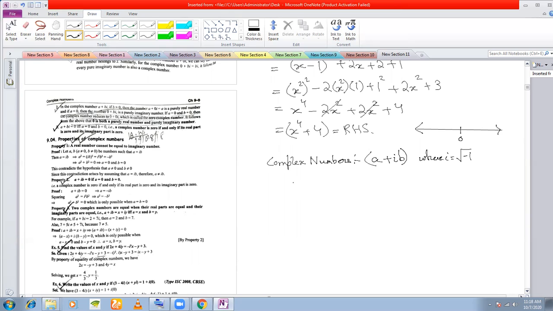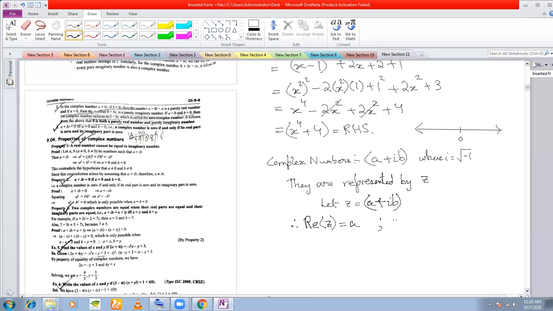Okay, here we say that a is the real part, and complex numbers are represented by z. So if I say let z is equal to a plus ib, that means a here is called the real part of z, and we write Re z, real part of z, is equal to a.